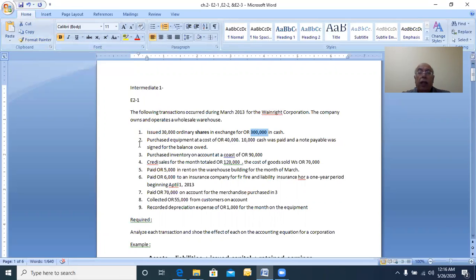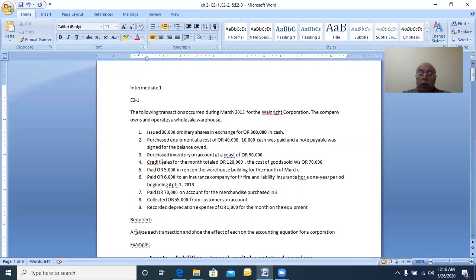Then purchase equipment, purchase inventory, and credit sales, as mentioned here. We have started buying and selling some equipment, so let's see together how to start the first transaction.